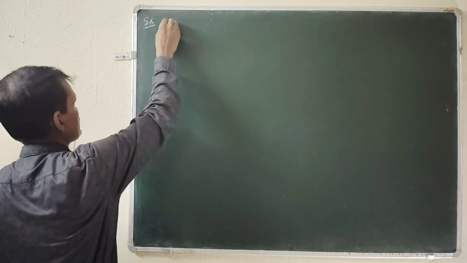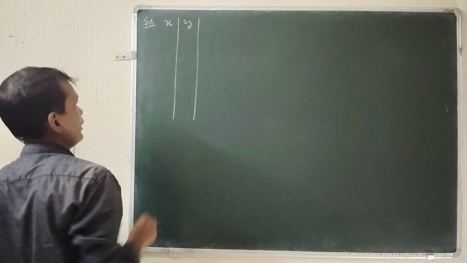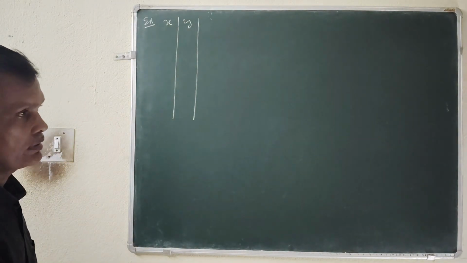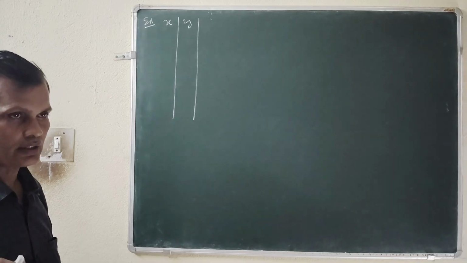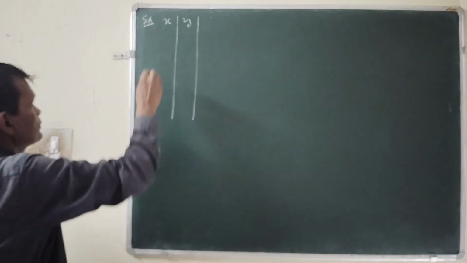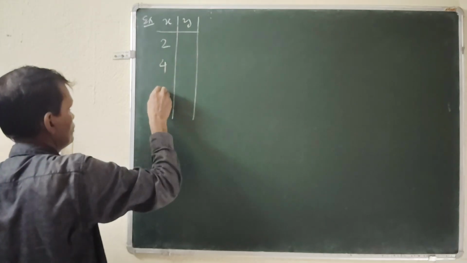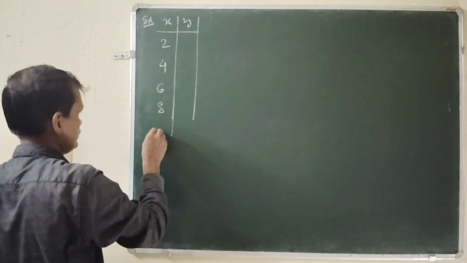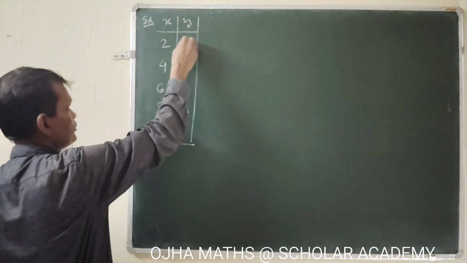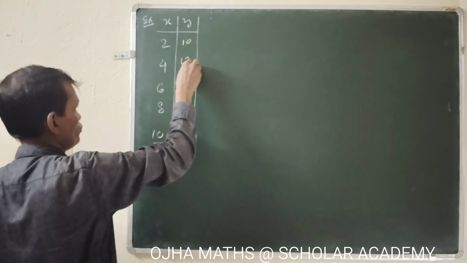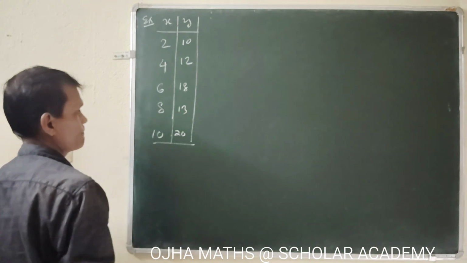So this is the set of data x and y. You know that we apply Newton's forward difference interpolation for equispaced data. Here we consider x as 2, 4, 6, 8, 10, and for y, say 10, 12, 18, 13, 20.